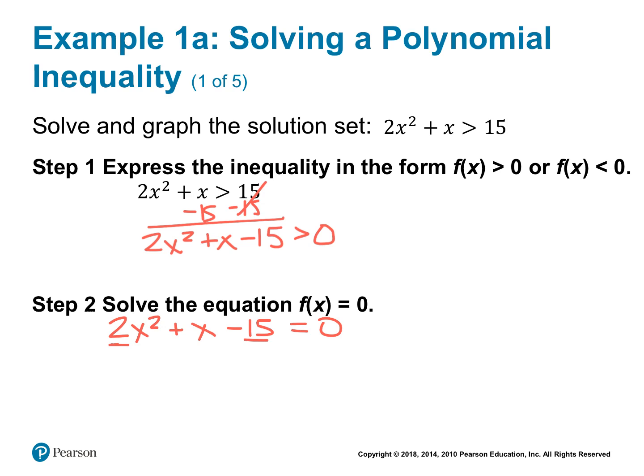If we take 2 times negative 15, we get negative 30. And we need to somehow make a positive 1 in the middle, so that'd be 6 and negative 5. So positive 6x and a negative 5x. Bring everything else down.